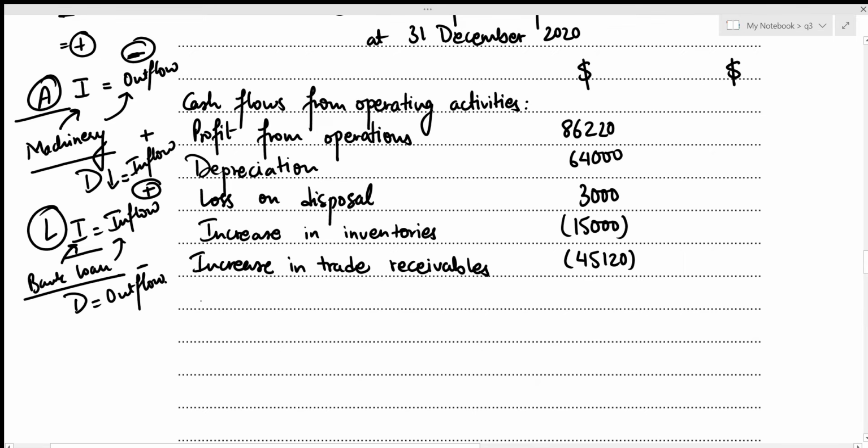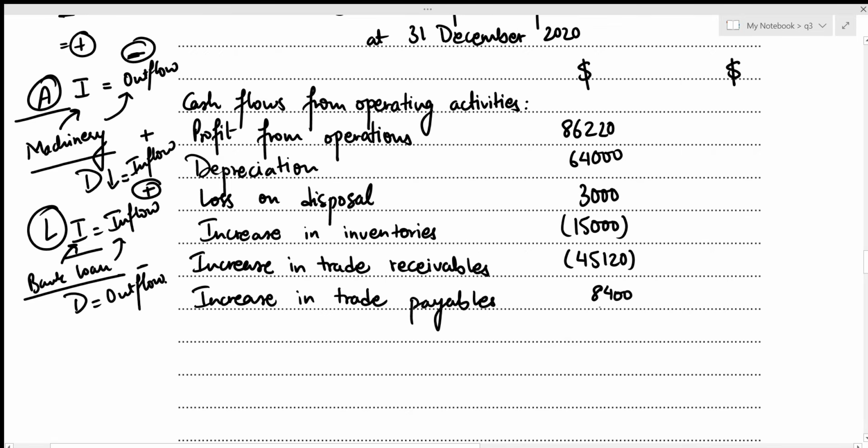So that's increase in trade payables. And increment in liabilities means cash inflow, so we need to add the amount. And we calculated the amount to be 8,400.